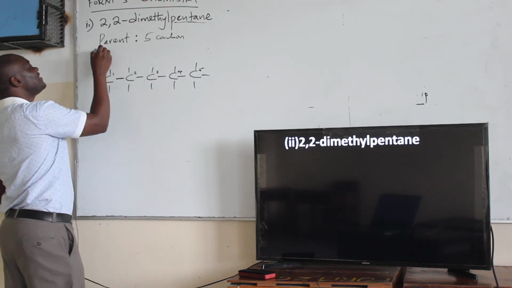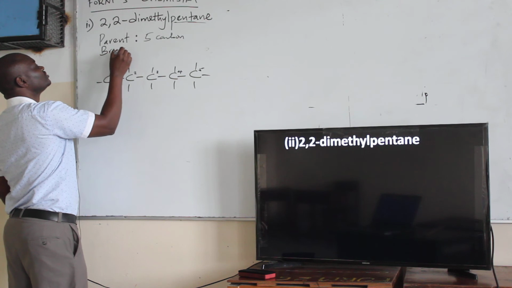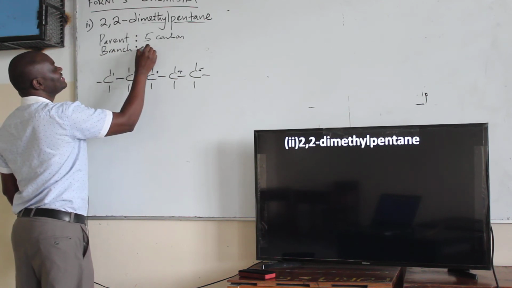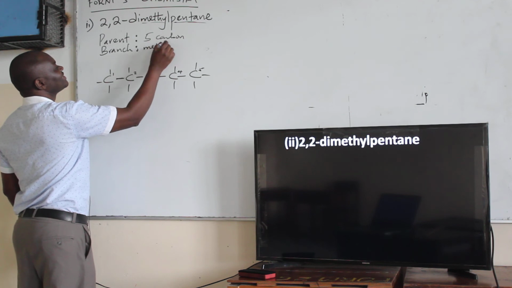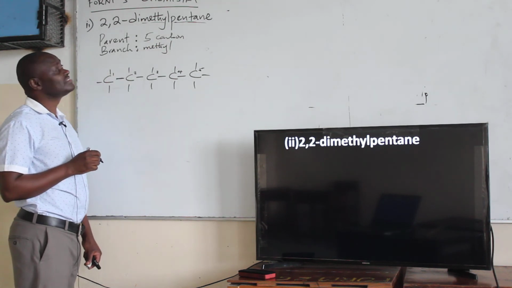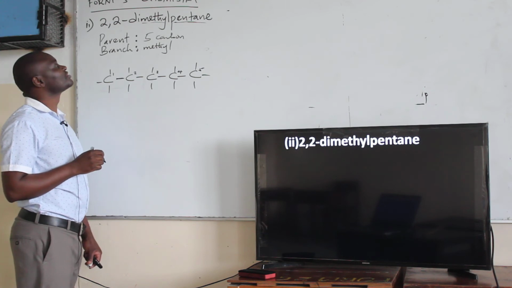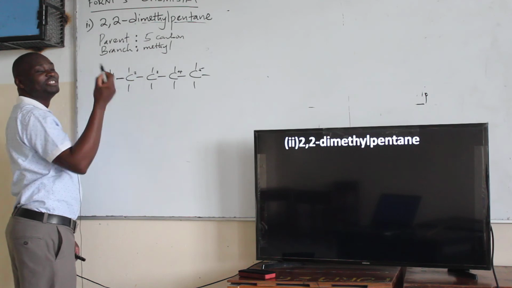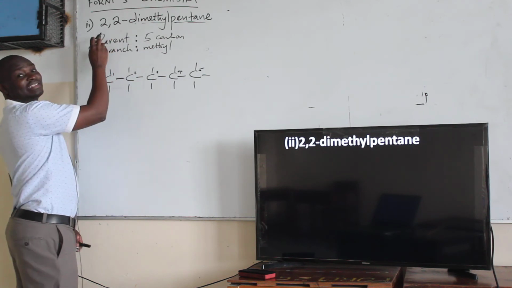Then we identify the branch. The branch is a methyl. But how many methyl groups do we have? We have 2 methyl groups. That is di. Di means 2. Both of them are at carbon number 2.